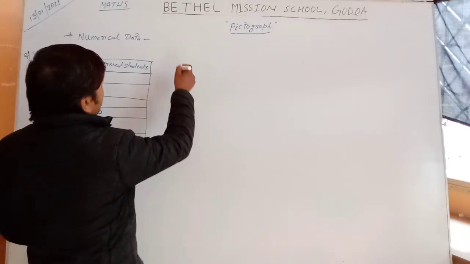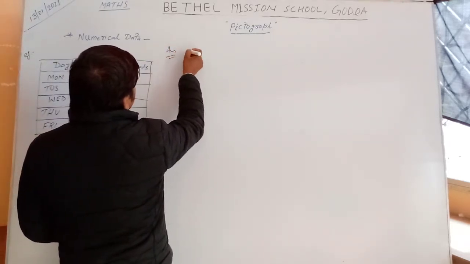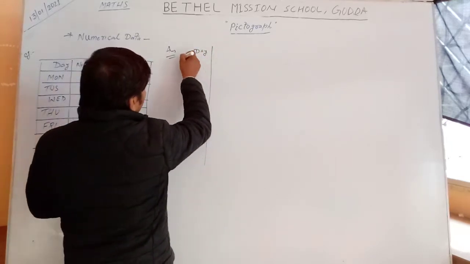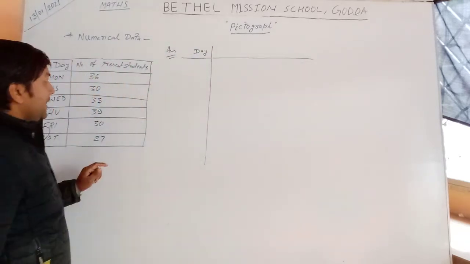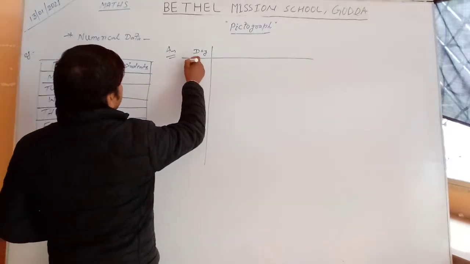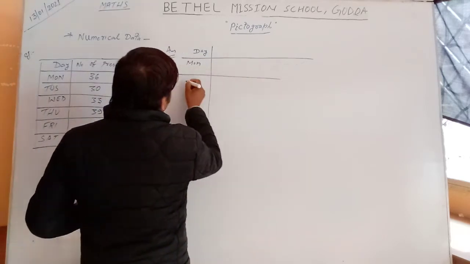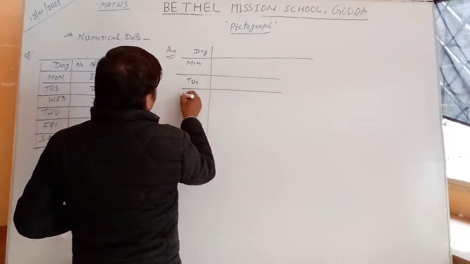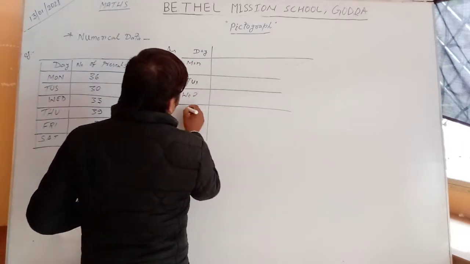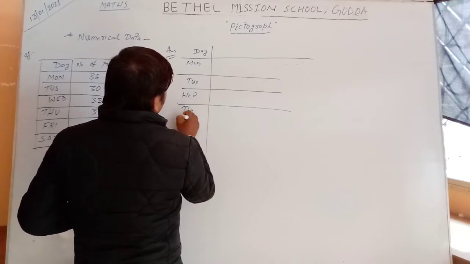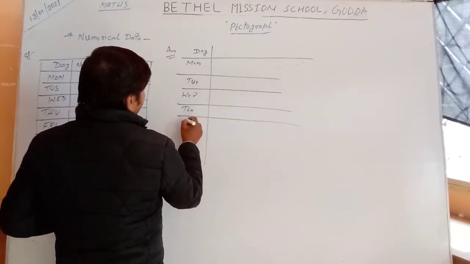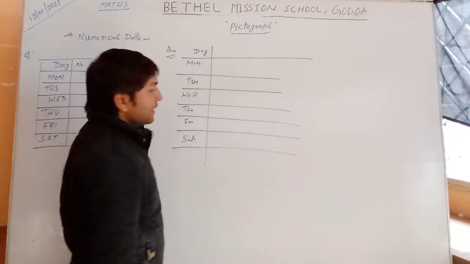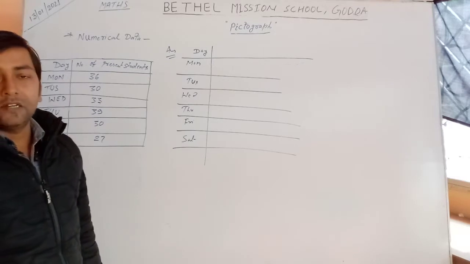So first, when you start drawing, take two columns. In one column you will write the days. Okay, I have written days in one column.